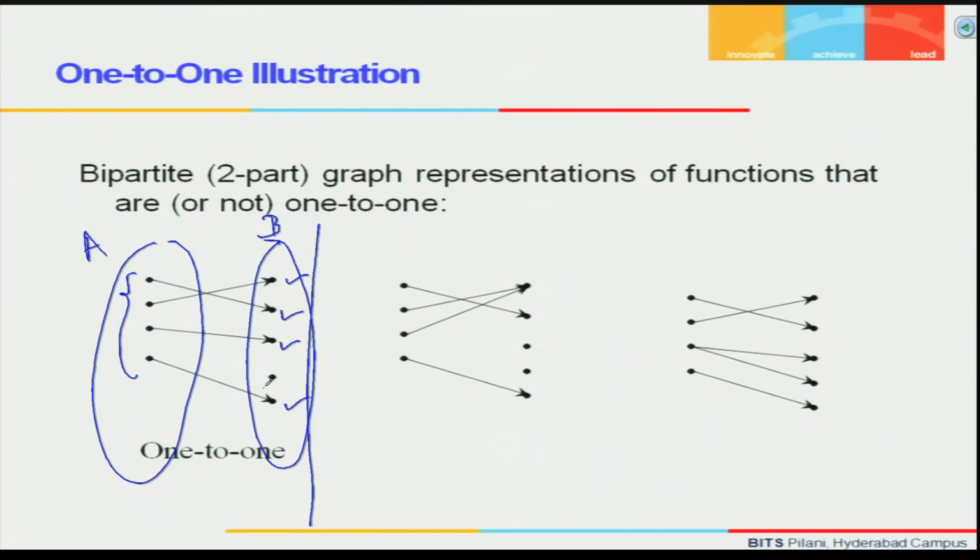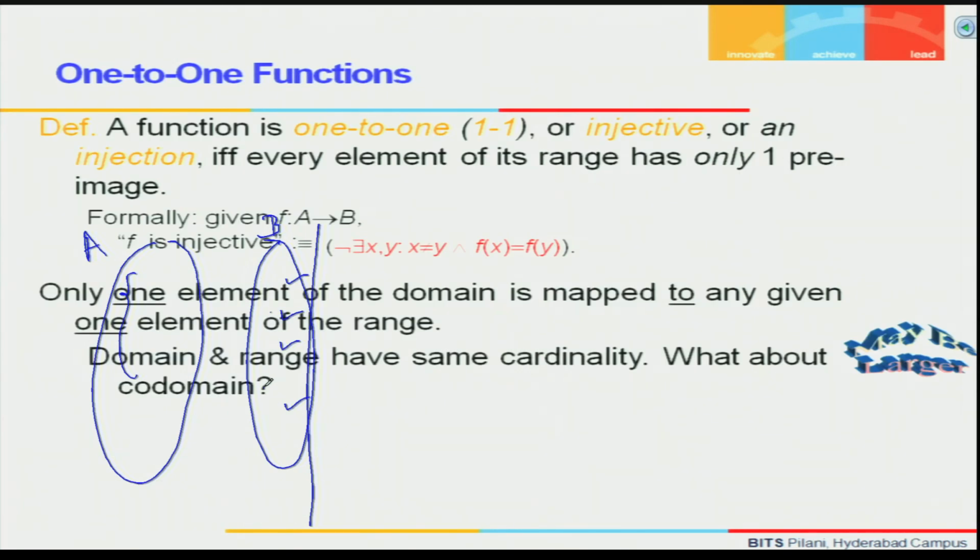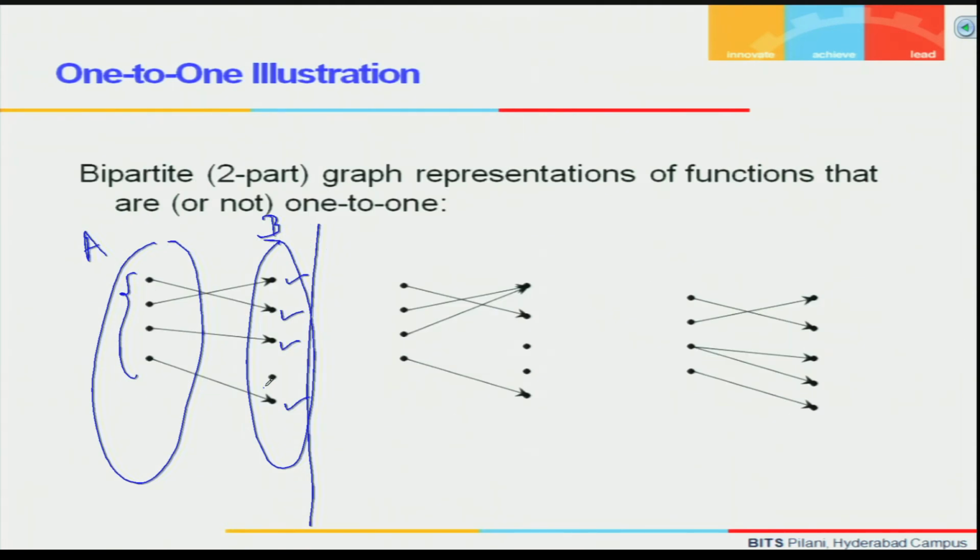Or equivalently saying, what is the range in this case? In this example, range is these 4 points. Every element in the range will have only one pre-image.